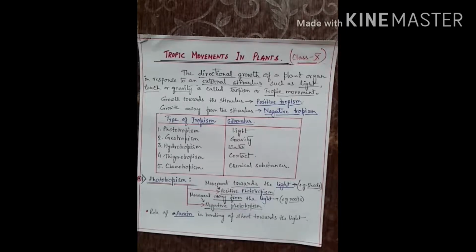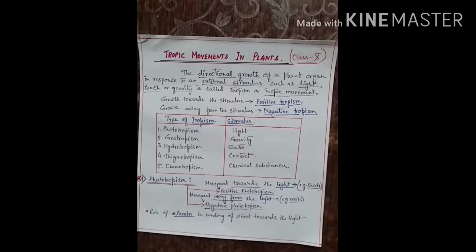Now, you have learned in the chemical coordination chapter in the first video clipping the role of different hormones. The auxin is one main hormone which is responsible for the growth. Now, definitely in the phototropism, auxin has a great role. Let me tell you what role the auxin plays over here.